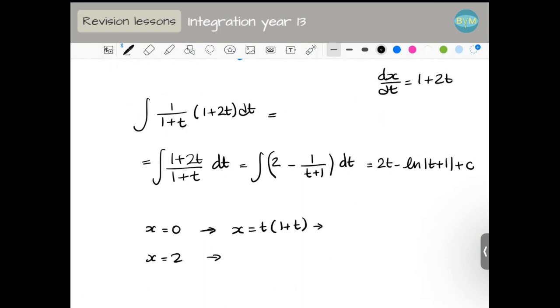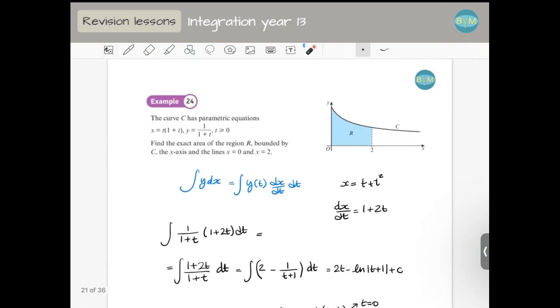So when x is 0, I have 0 equals t times (1 plus t). It gives me two solutions, t is 0 and t is minus 1. I cannot integrate between two values of the parameter at the bottom, so I have to choose.